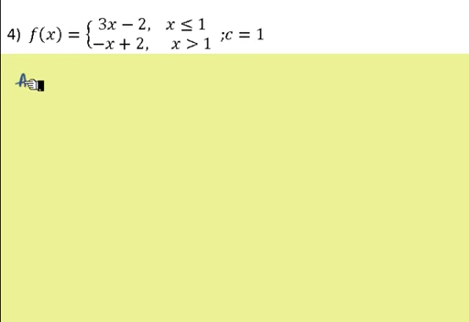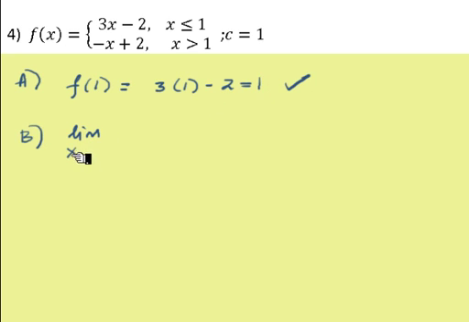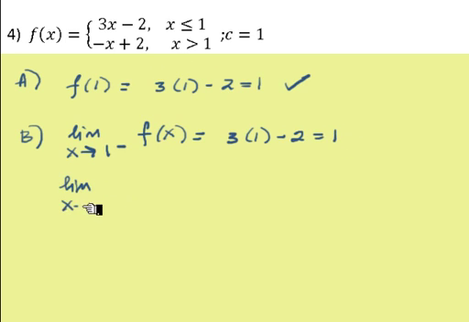So let's write it out quickly. F of 1 is equal to, just substitute in here. So yes, A is true. B, limit. We have to take the two-sided limit. From the left, 3 times 1 minus 2. From the right, minus 1 plus 2.